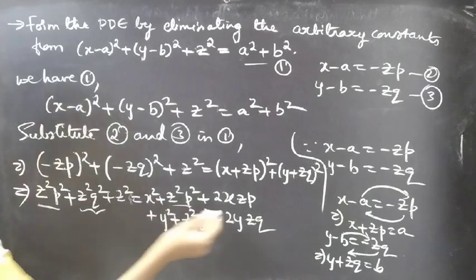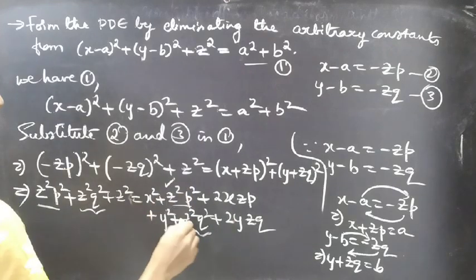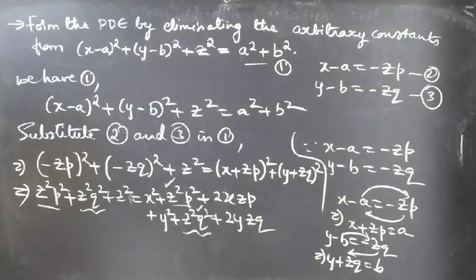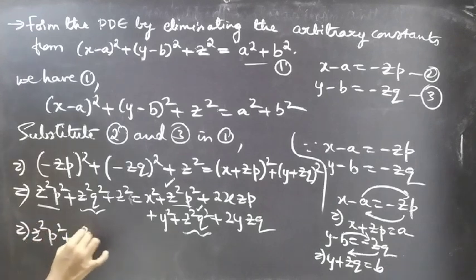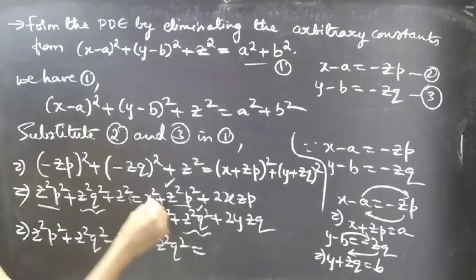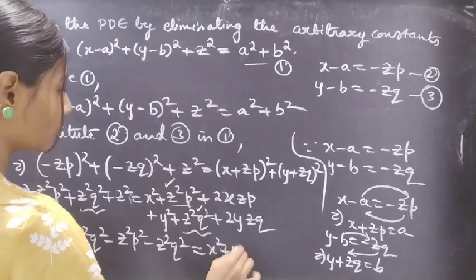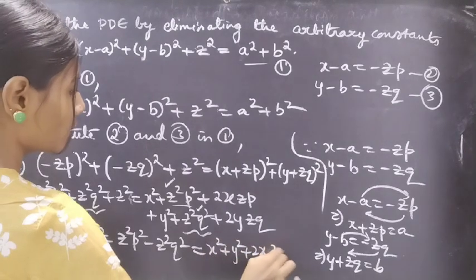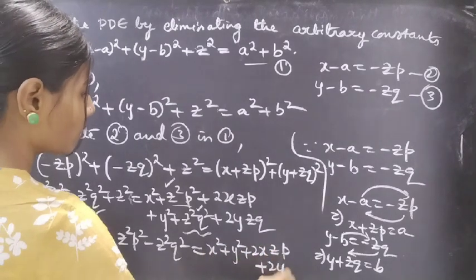Instead of taking all the terms, I'll just take z square p square and z square q square to the LHS, so that I'll get z square p square plus z square q square minus z square p square minus z square q square equal to x square plus y square plus 2xzp plus 2yzq.